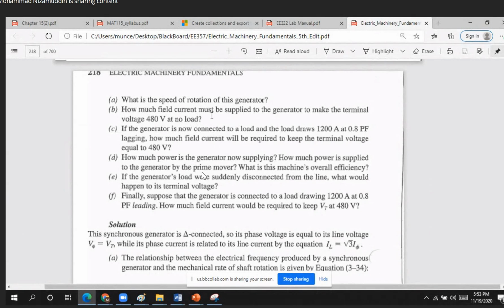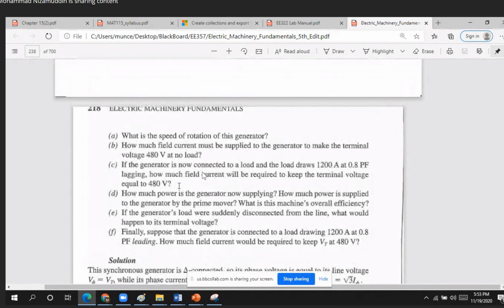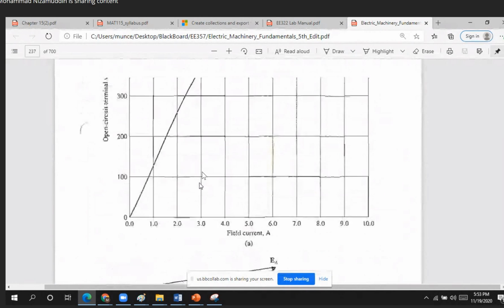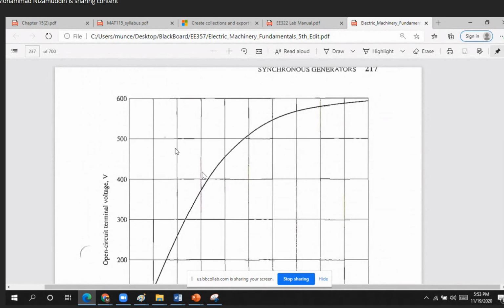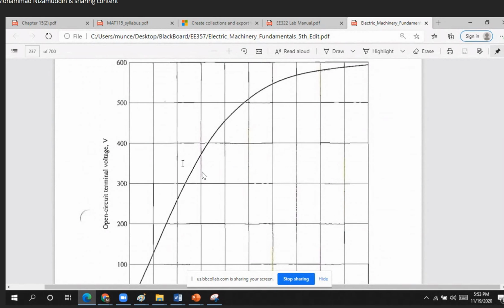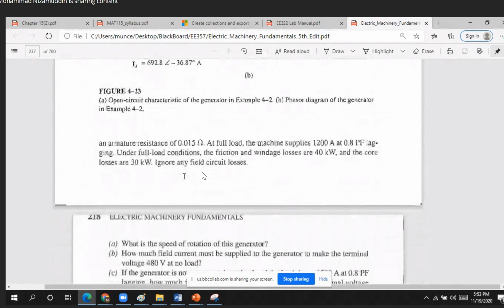How much field current must be supplied to the generator to make the terminal voltage 480 at no load? So it's the no load characteristics. They are asking for E. They are giving you E at no load, 480 volt for delta connected. This is always a line voltage characteristic, the open circuit characteristic.